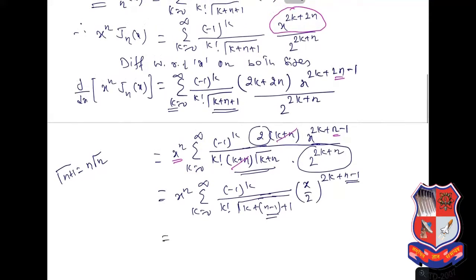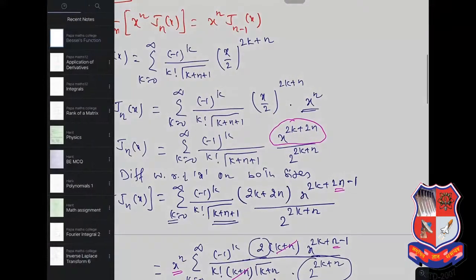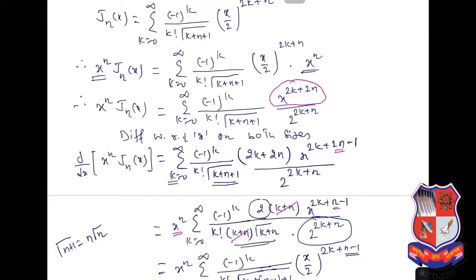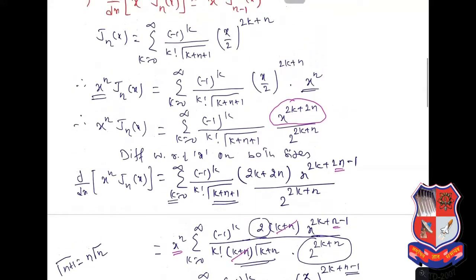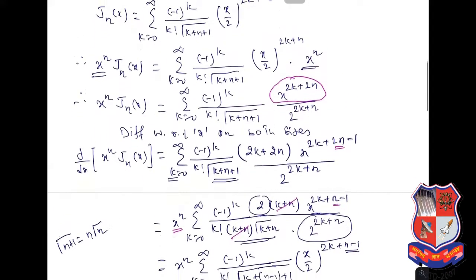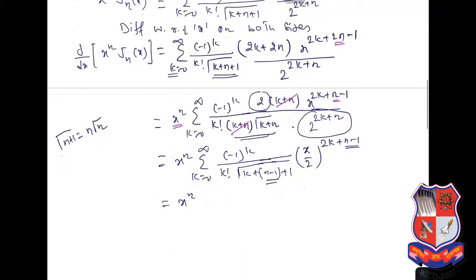Now see, this is n minus 1, this is n minus 1. So that is the standard formula of Jn, and Jn x is this one: minus 1 power k, factorial gamma k plus n plus 1, but here k plus n minus 1 plus 1, and x by 2 power 2k plus n. So this is nothing but J n minus 1 x.